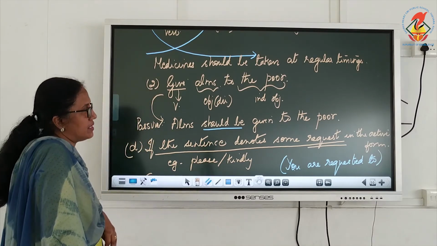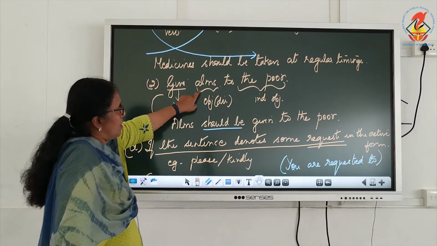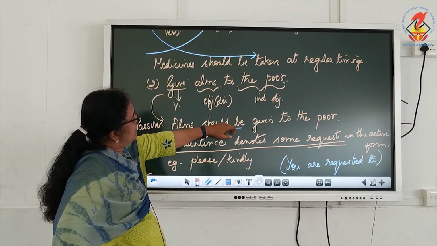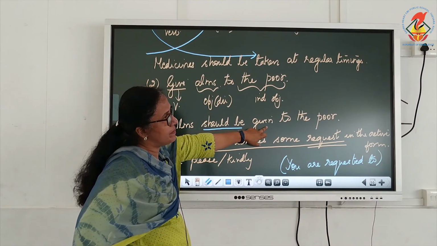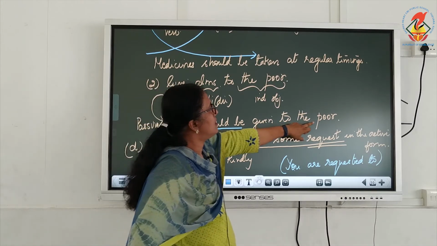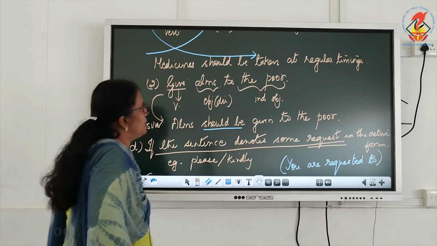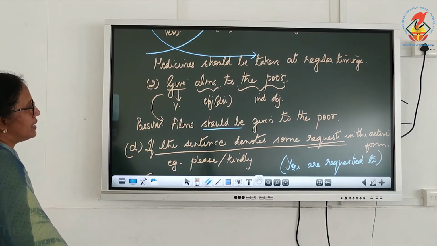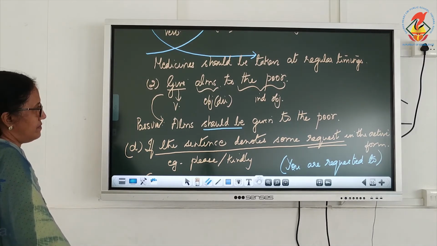Did you all get it, children? "Alms" is the object. Then you introduce "should be," the past participle of the verb, "given to the poor." That is how you convert a suggestion or an advice into its passive form.